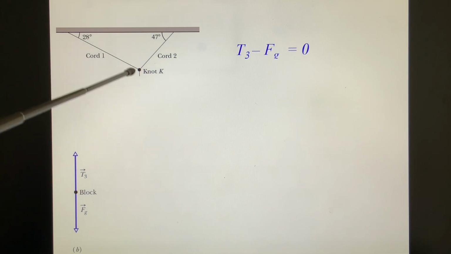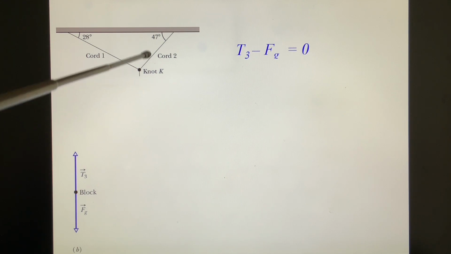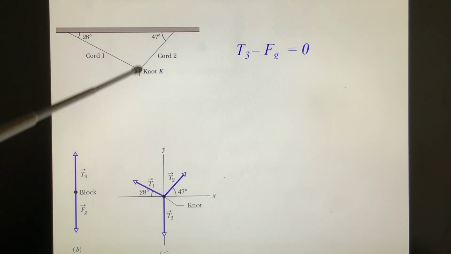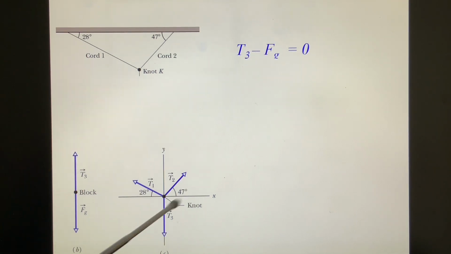Second, we look at the knot. At this point, we have three forces, and it is balanced. So we write the free body diagram: T3, which we know is mg, and T1 and T2.